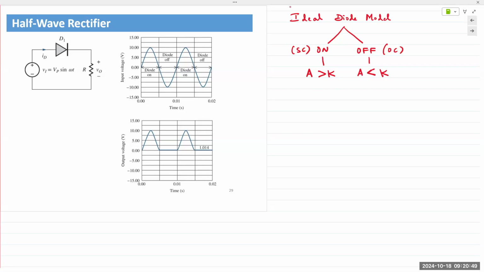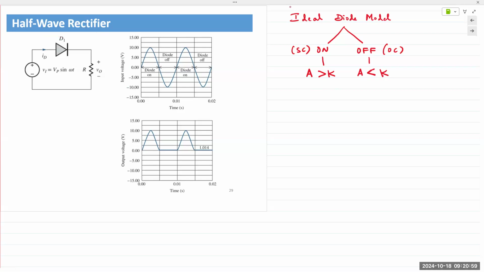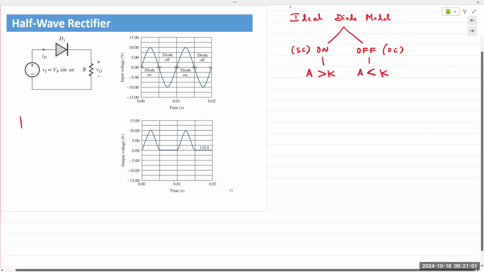Let's look at this circuit right here. One diode, one resistor. You're applying an AC sine wave to this circuit. In the positive half cycle, what do we have? You've got plus here, minus here.